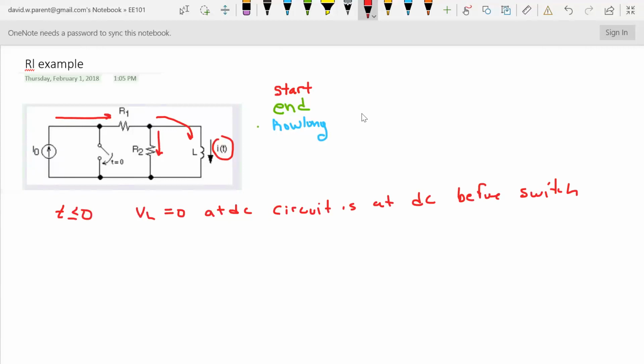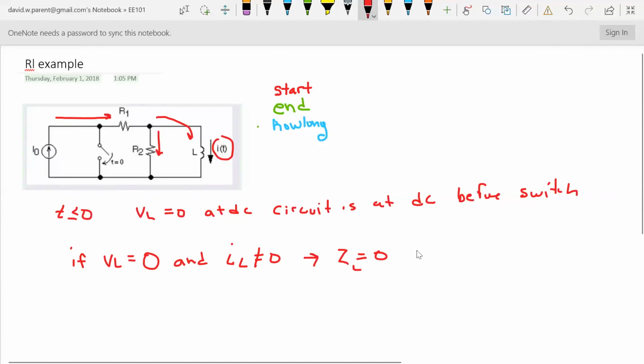So if VL equals 0 and IL is not equal to 0, that means kind of like the impedance is 0, right? Or the inductor is shorted.